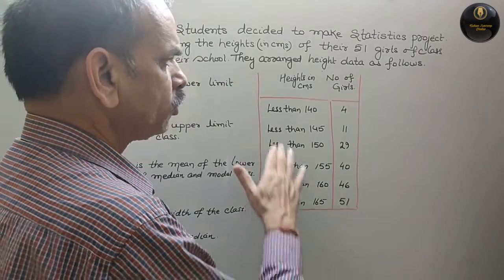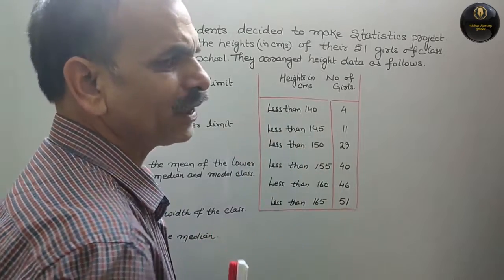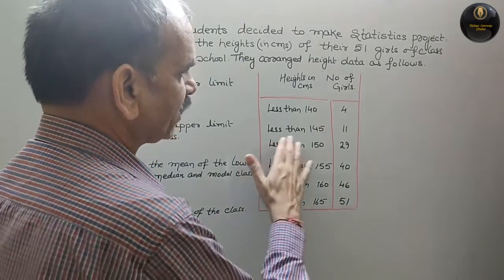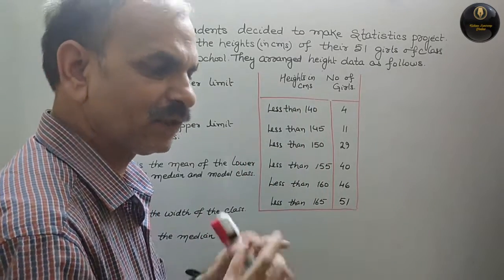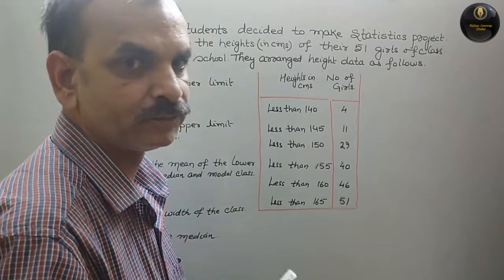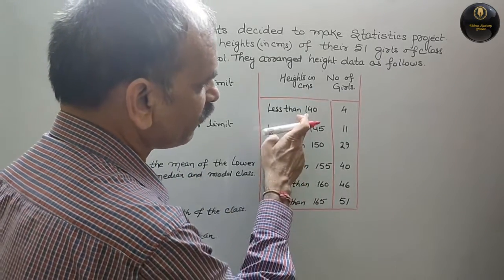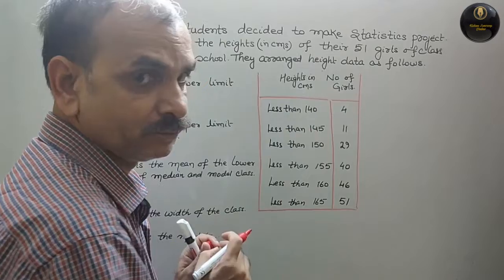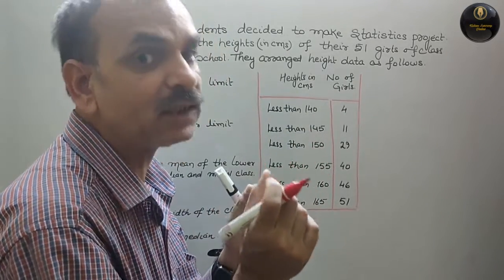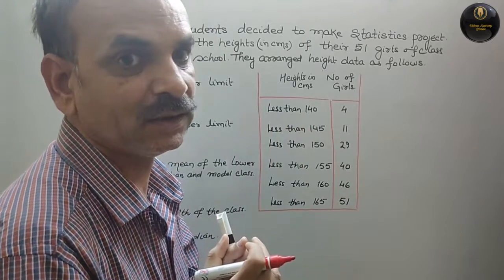Now, if you see this, less than 140 is not a class interval. Less than 145 is not a class interval. Just we will write it as a class interval. How we will write? See this, what they have given, 140 and 145, 145 and 150, that means the duration is 5 centimeter.